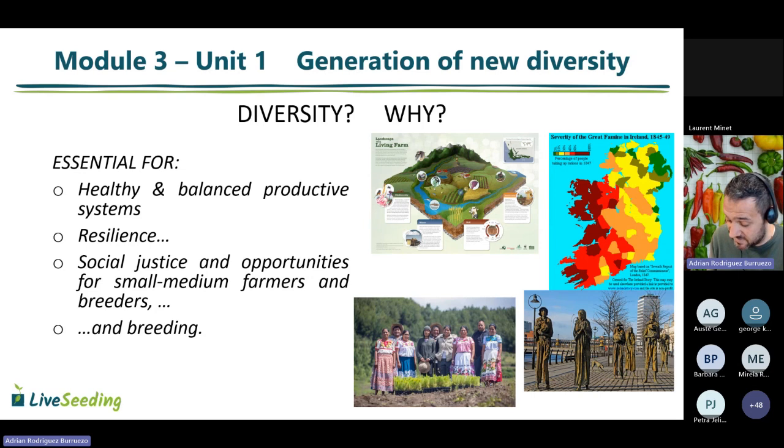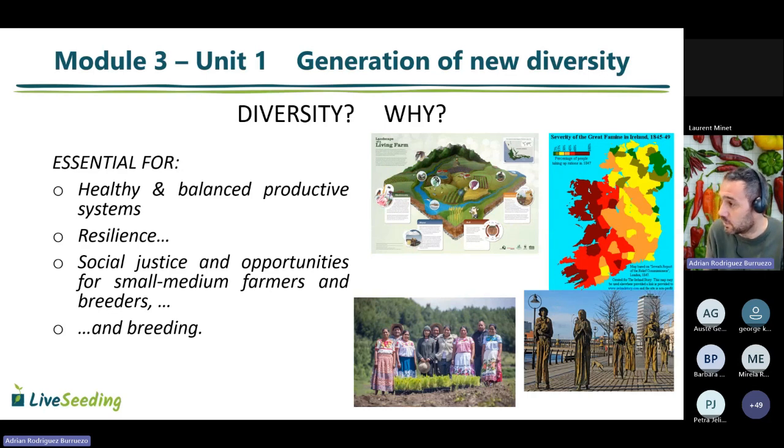Maybe you are familiar with the symbol of the Boston Celtics basketball team, the four leaves of the trefoil, which is remembering their Irish past. So this is the cause for which so many immigrants left the island and many people died.